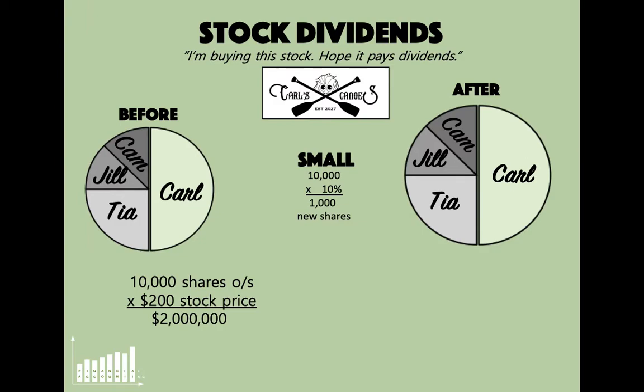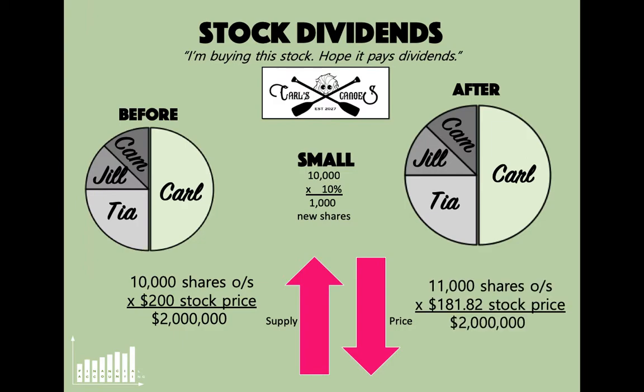So before, we had 10,000 shares outstanding, and if the stock price was $200 at that point in time, then there was $2 million in value out there. If we increase the number of shares that the stockholders have to fight over, the price will, as a result, come down.